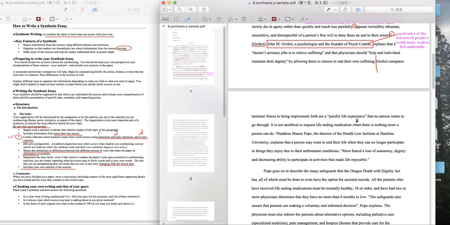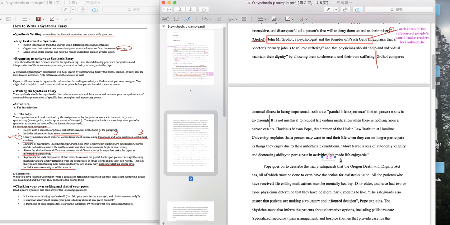Let us move on. This person compares terminal illnesses to being imprisoned. Both are a painful experience that no person wants to go through. Let us have a question here. What is the purpose of this sentence? Then, it's not unethical to require life-ending medication when there is nothing more that a person can do.